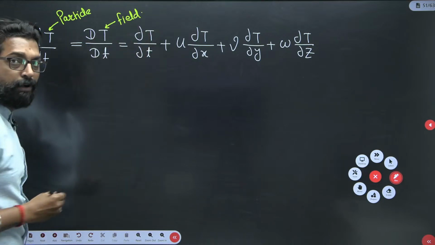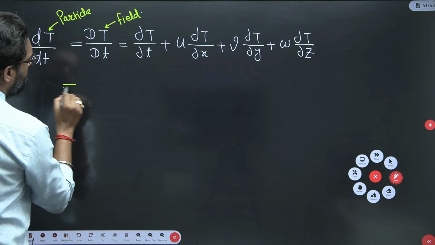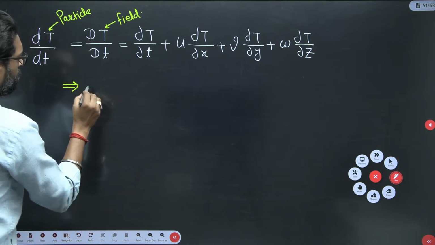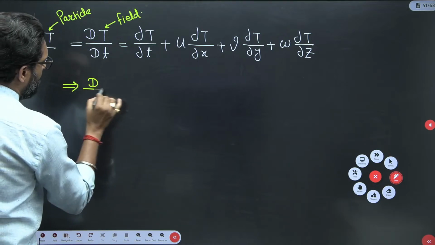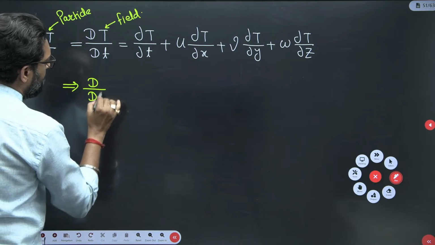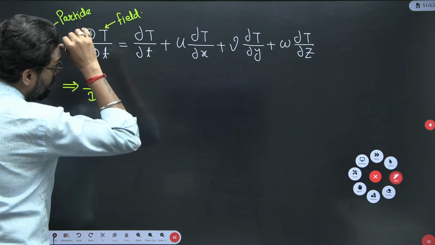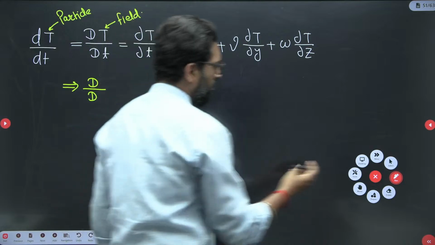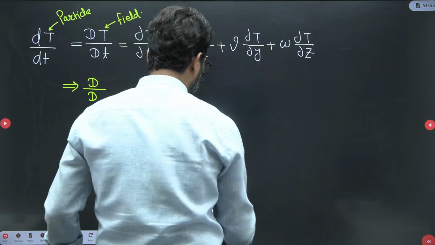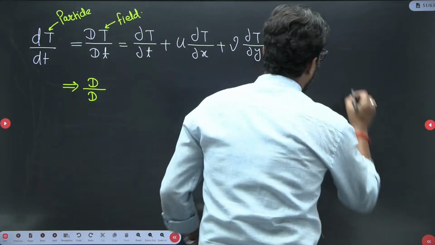This is for the field. So if you write like that, d by dt. Now, one tool is there. What is it?